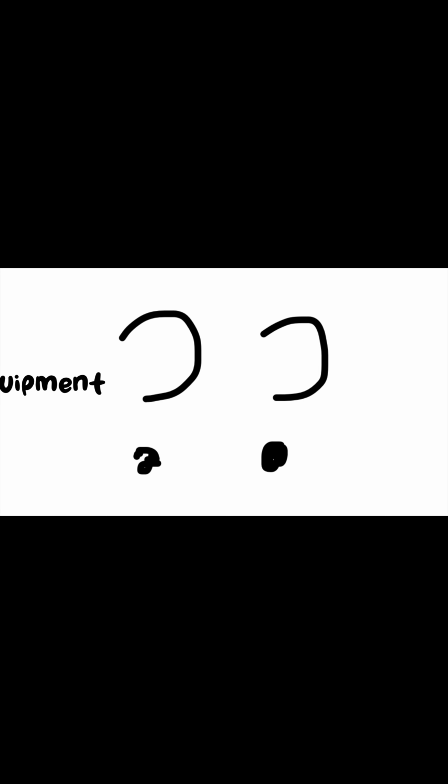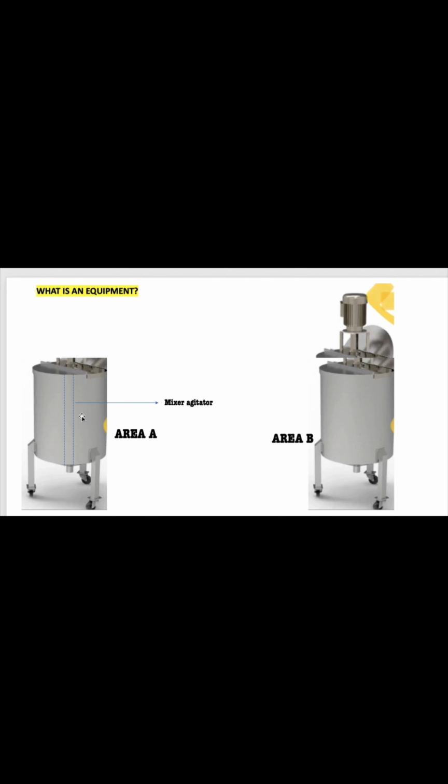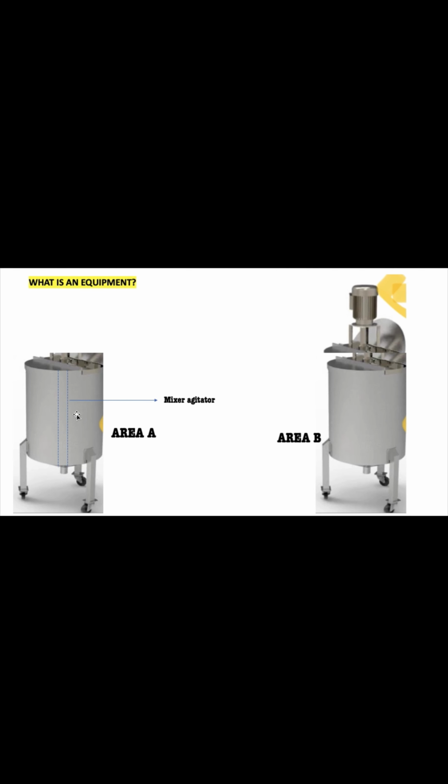Now I want us to look at this representation. Here we have a tank in 2 areas. We can see that this tank has a motor here. And what this motor does, there is probably a shaft, more like a stirrer, inside of this tank, and that is what I denoted as these blue dotted lines.